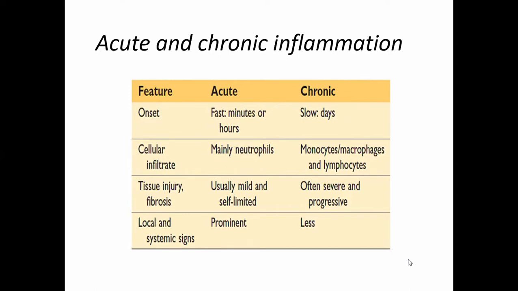It also develops within minutes or hours and is of short duration, usually hours to a few days, and is characterized by the exudation of fluid and plasma proteins and the immigration of leukocytes, predominantly neutrophils. While chronic inflammation may follow the acute inflammation or may arise de novo.